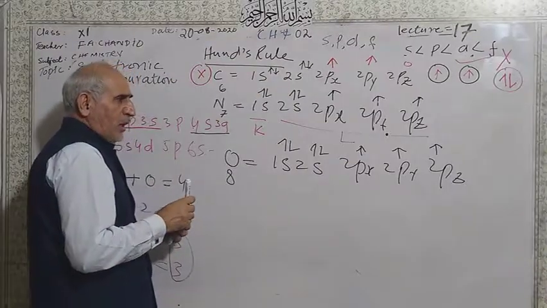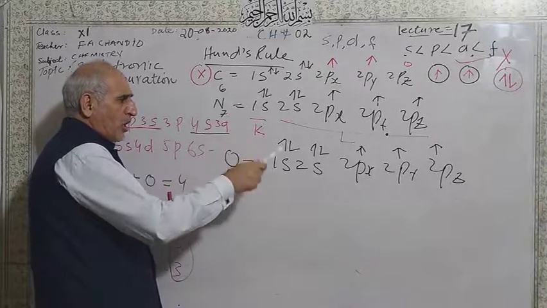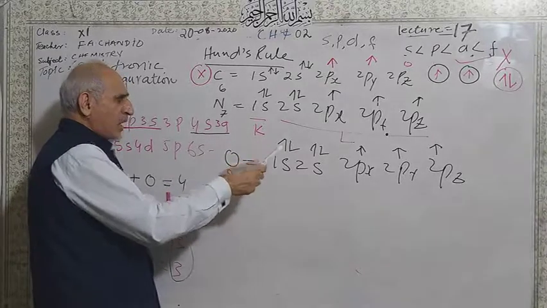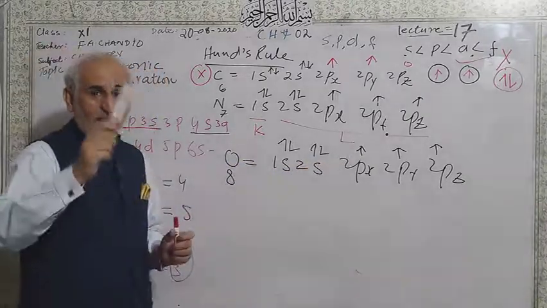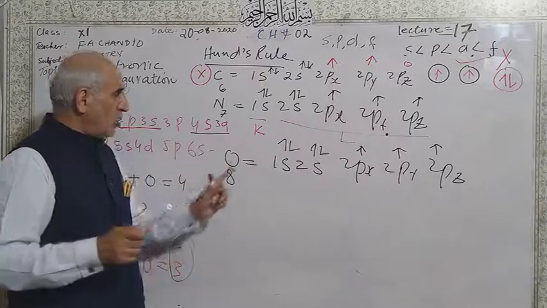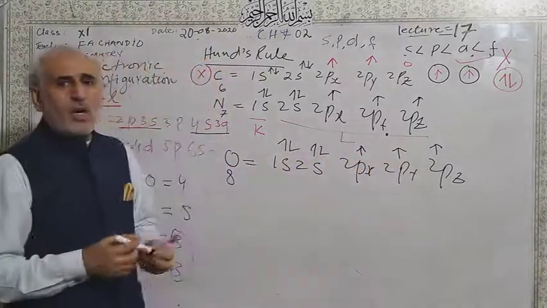When the examiner sees you, or when you are solving before your professor or teacher, if you put 2 directly, then it is wrong. You have to put 1 each. So 2, 4, 5, 6, 7. 1 is now remaining.